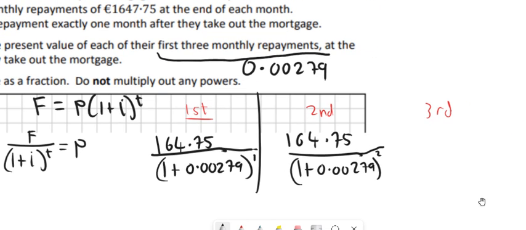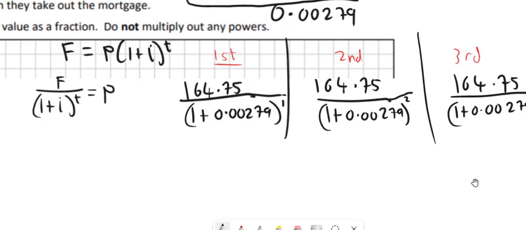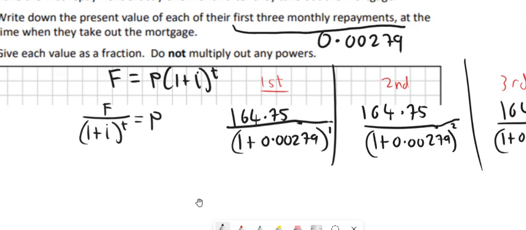And then our third one is going to be the same thing, but with a 3 there. Now I could do the 1 plus bit there in the brackets if you want.